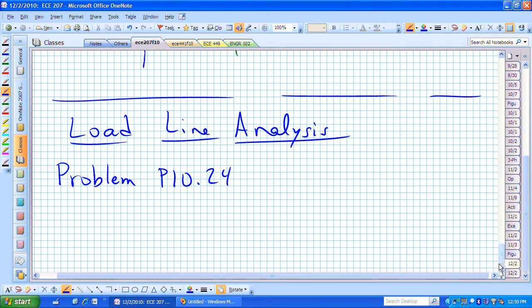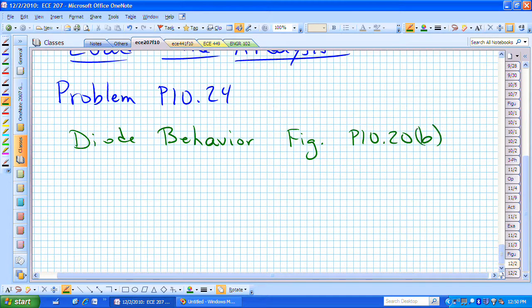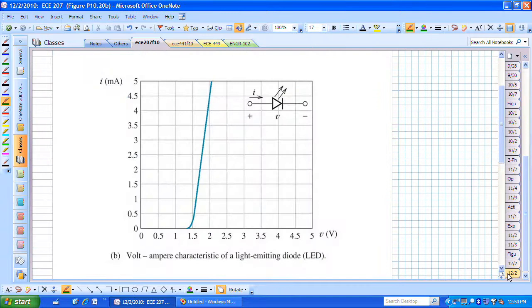In this problem, we're told that the diode has a particular current-voltage behavior given by figure P1020B. I've pulled that out, and this is the current-voltage relationship of the diode that we are to examine.